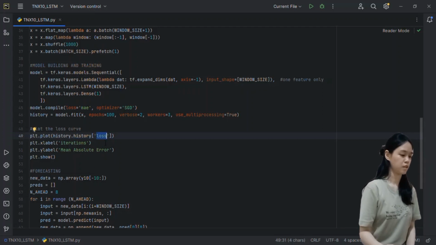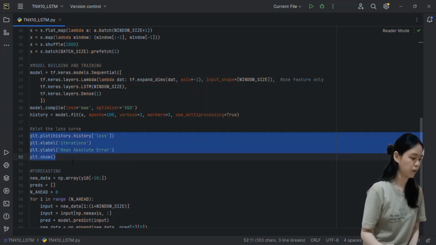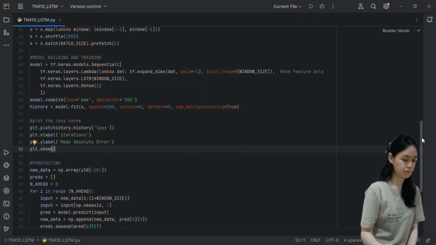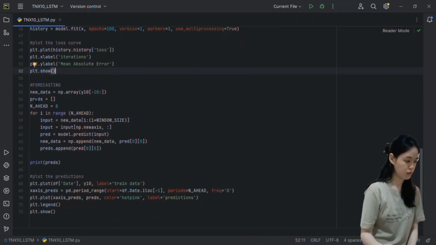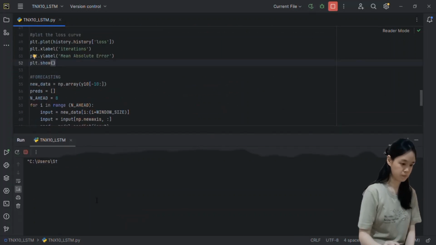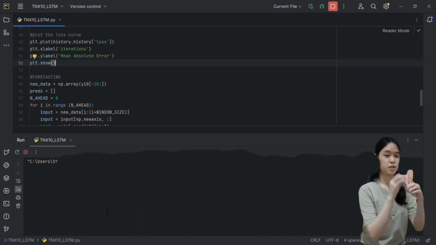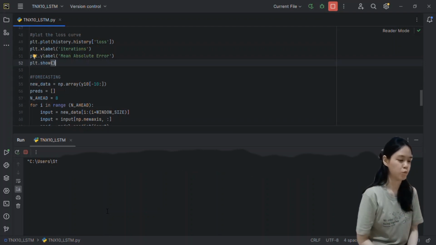The key of the dictionary is loss. And then this is just making the plot of the loss curve. And then, yeah, let's just run that first. We'll see here in this console how the loss is decreasing as we go further into our training process.